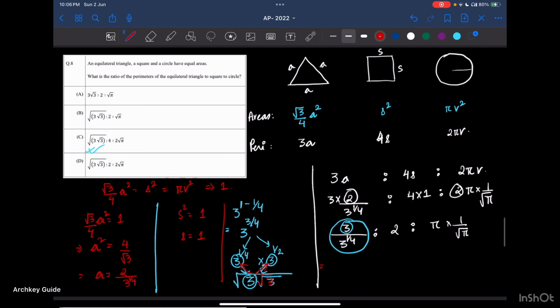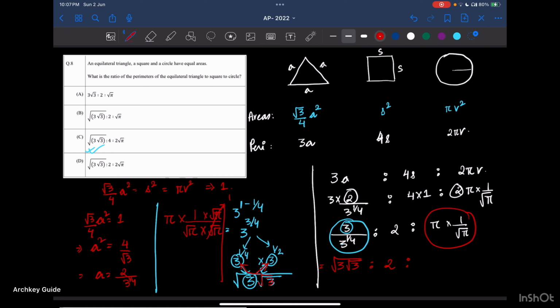So I can write here 3 root 3 is to 2 is 2. अब इसका मामला क्या है? Pi into root pi into root pi into root pi.